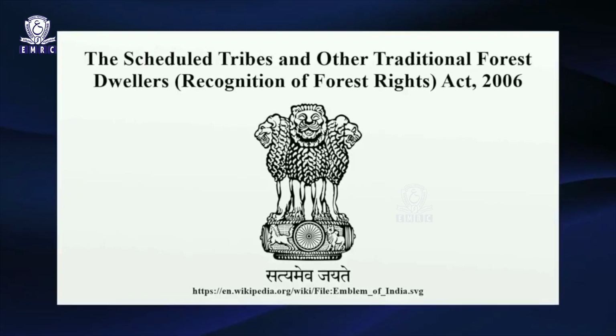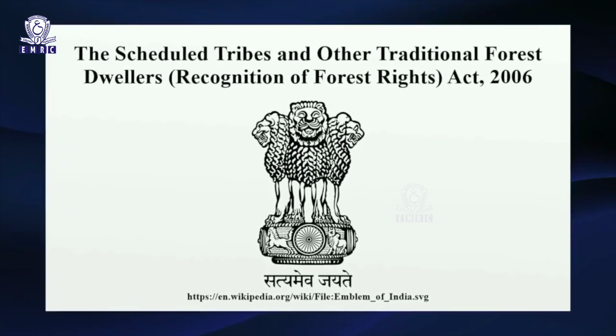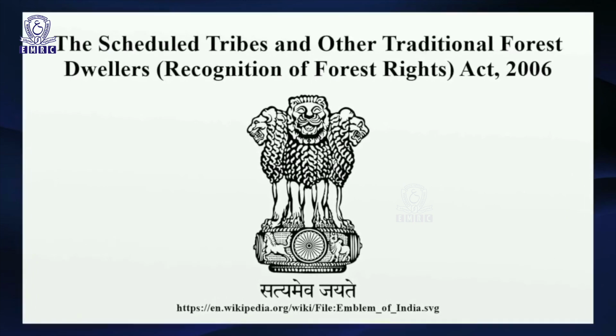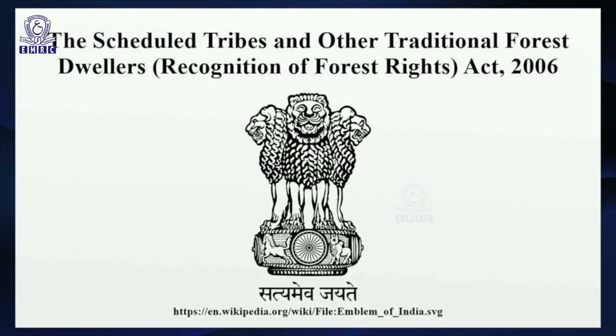The Scheduled Tribes and Other Traditional Forest Dwellers Recognition of Forest Rights Act 2006, enacted on 18 December 2006, is also called the Forest Rights Act, the Tribal Rights Act, the Tribal Bill and the Tribal Land Act. The law concerns the rights of the forest dwelling communities to land and other resources denied to them over decades as a result of the continuance of colonial forest laws in India.